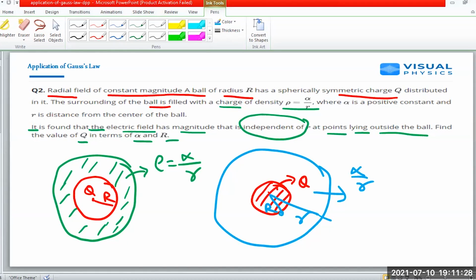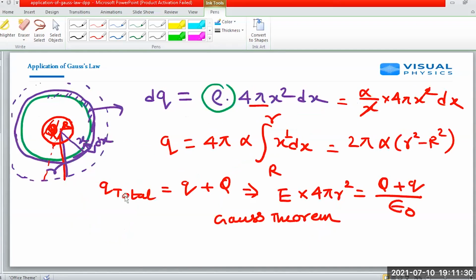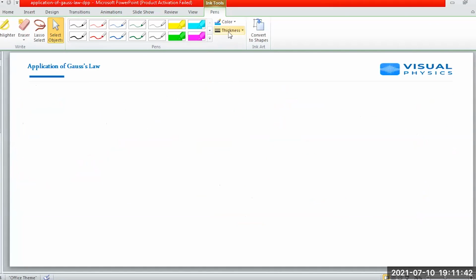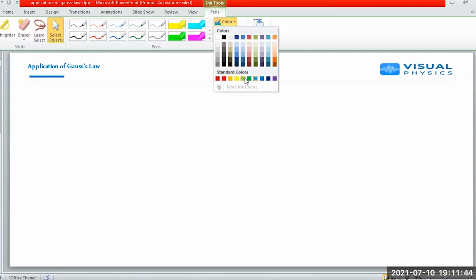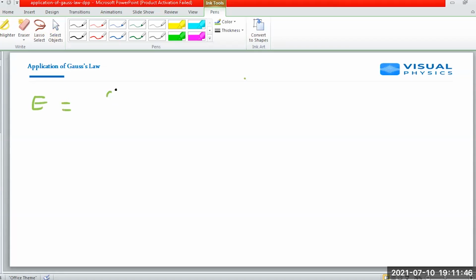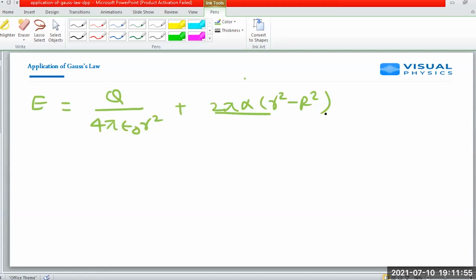Okay, so now let me move forward. I have got total charge, small q, which we calculated by integration, plus capital Q. E into 4 pi r square is small q plus capital Q by epsilon naught. Then everything becomes easy. My E will be capital Q by 4 pi epsilon naught r square plus 2 pi alpha (R square minus r square) by 4 pi epsilon naught r square.